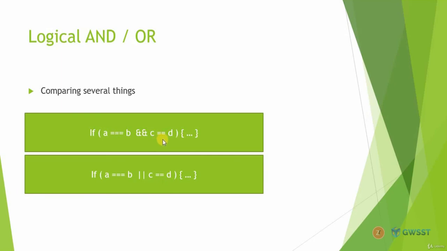Let's just say if I want to skip one and check only whether one of them is true, then I'm going to use the OR operator. So it's going to be like if a is equal to b or c is equal to d, the program is going to run. Let me give an example. Let's just say if the username and password are correct, then we'll let the user log in. With the OR operator, if the username is a name or an email, we will let the user log in.